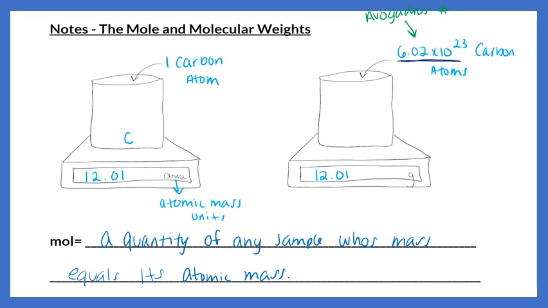Also remember that this number comes from the number of protons plus the number of neutrons, okay? So we get that proton-neutron number in grams when we weigh 6.02 times 10 to the 23rd carbon atoms.